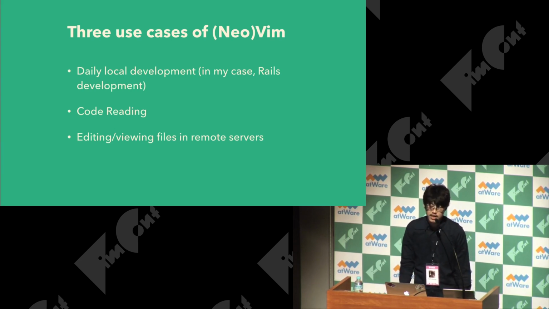The second use case is code reading, which I'll talk about more later, but I will also read Rails code to debug sometimes. The third one is editing and viewing files in remote servers, or recently maybe in Docker containers. Well, I don't use Docker in my company or in my personal projects, so I won't mention Docker.